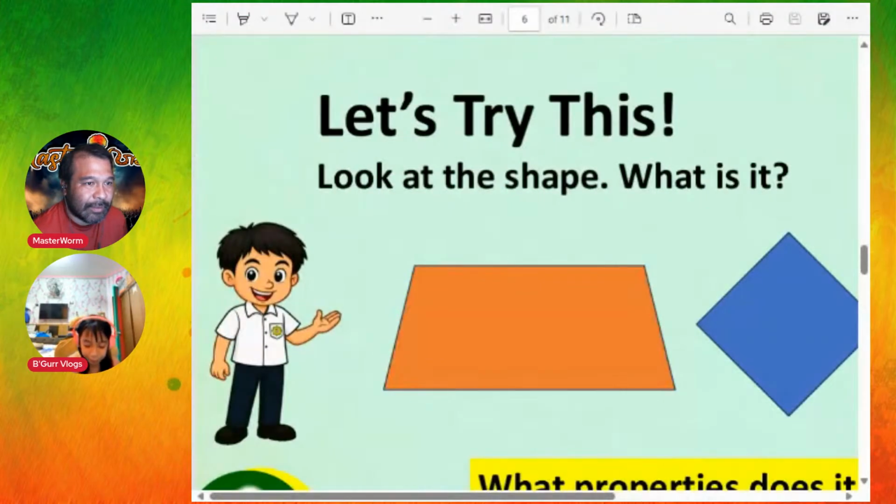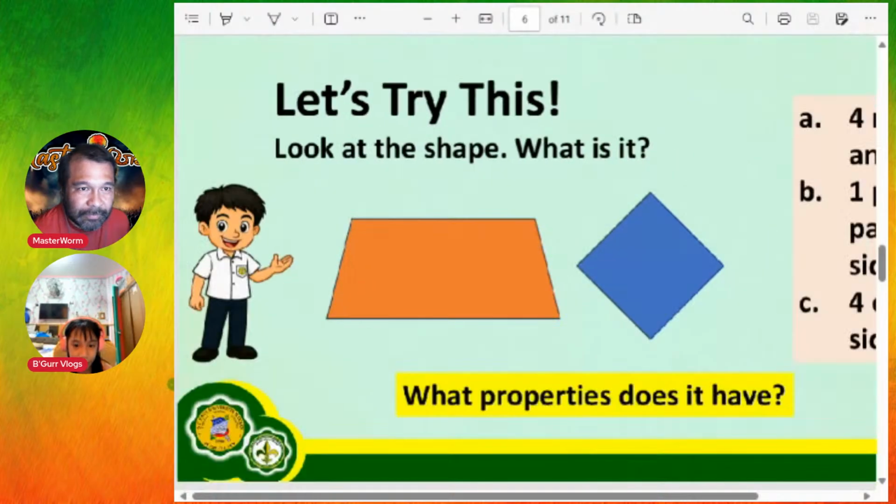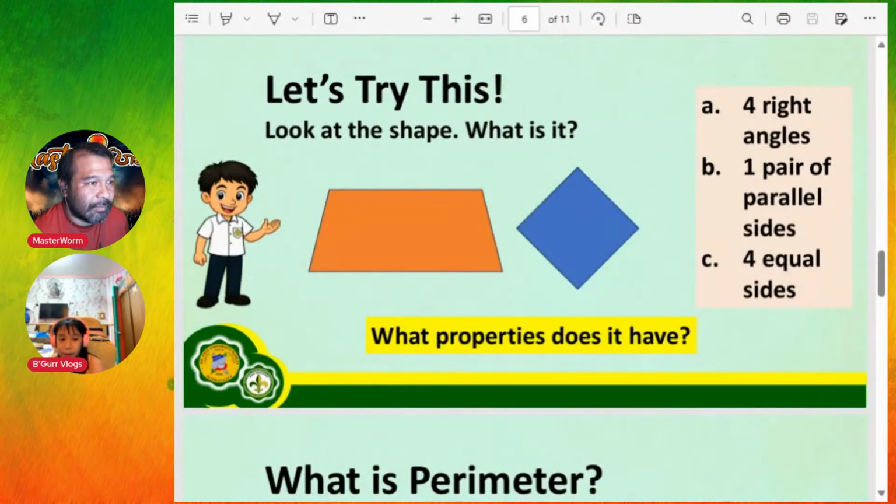All right, baby. Is this a trapezoid? Yes, this is a trapezoid.